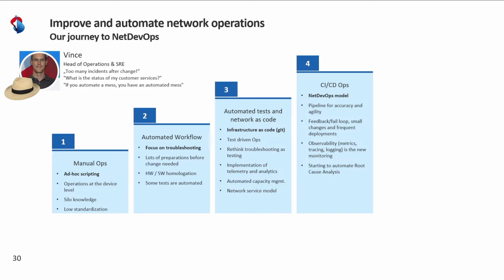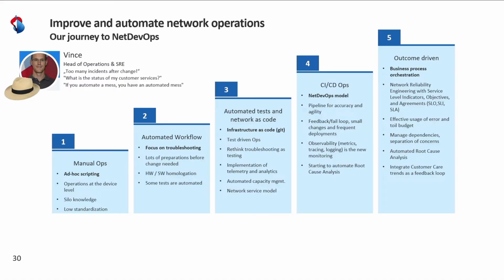We introduced that pipeline for accuracy, for agility, to be able to fail fast, develop quickly, iterate quickly, so that we can also do frequent deployment, but in small chunks that are controllable. And we also want to implement observability, metrics, live tracing, logging, so that we really know what the network is all about.